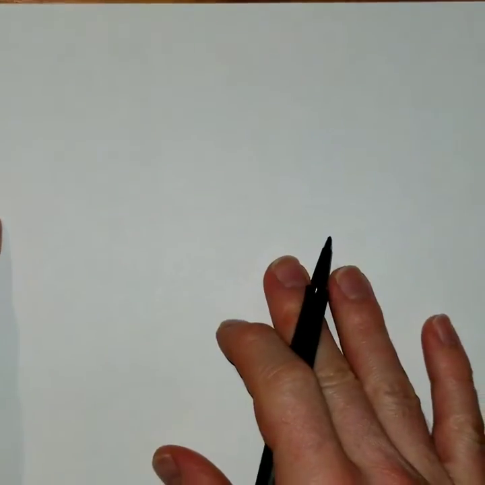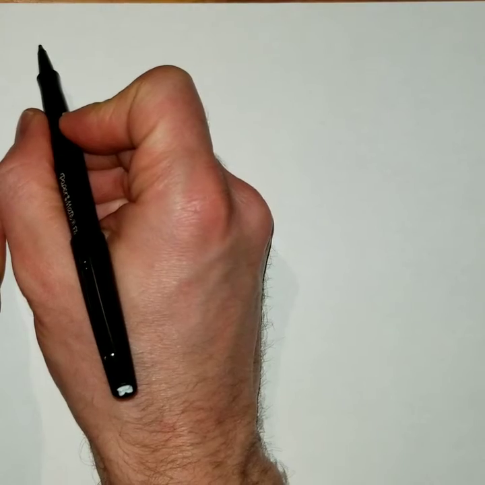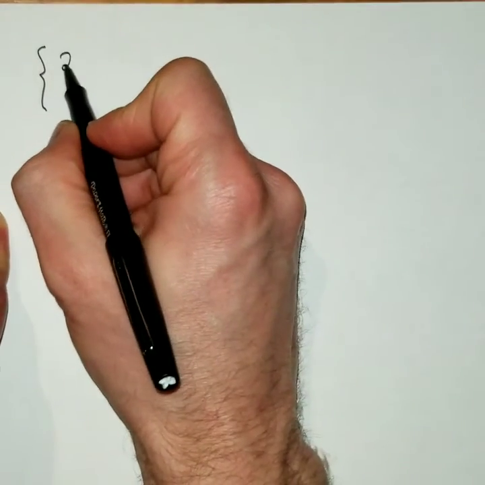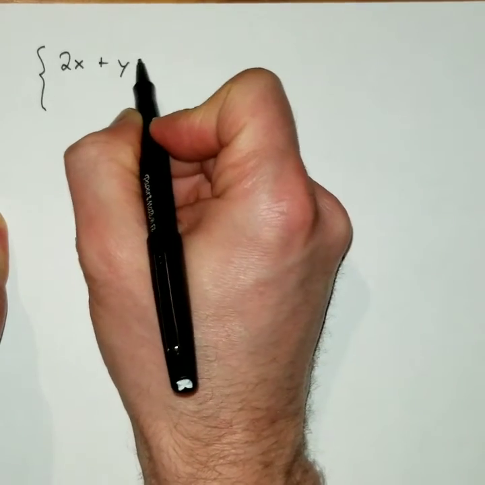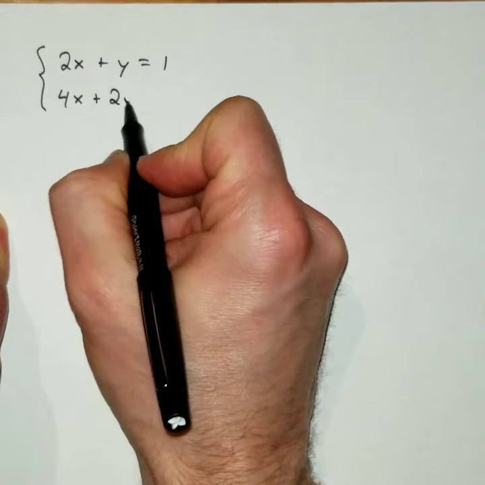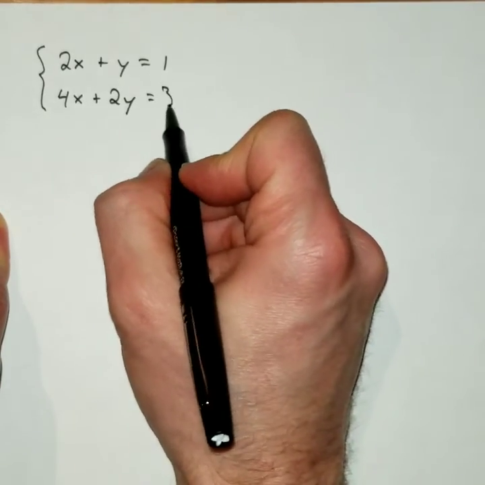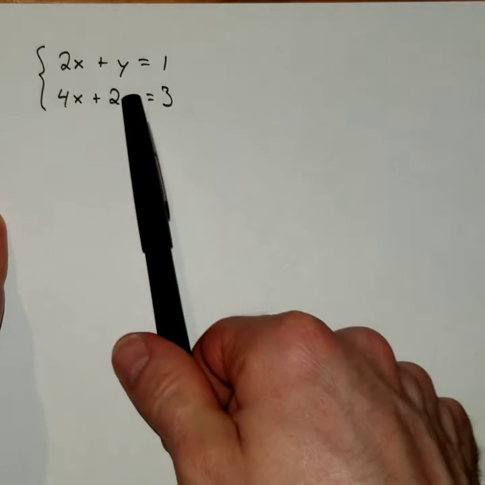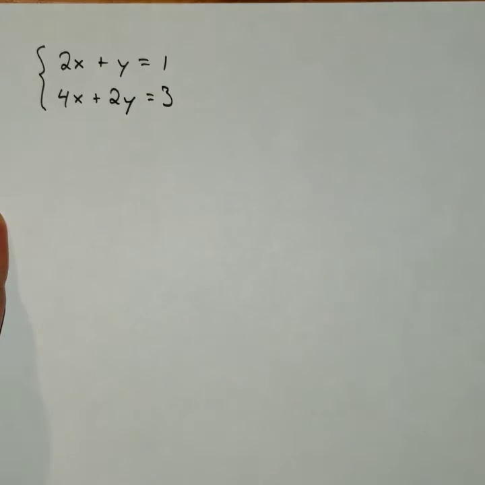We're going to use 2x plus y equals 1 and 4x plus 2y equals 3. Okay, so again, this one's kind of nice because we have the coefficient of 1 that we can solve for. So I'm going to go ahead and do that.